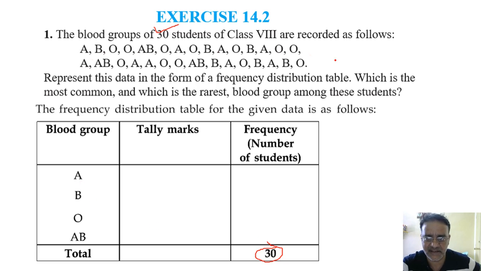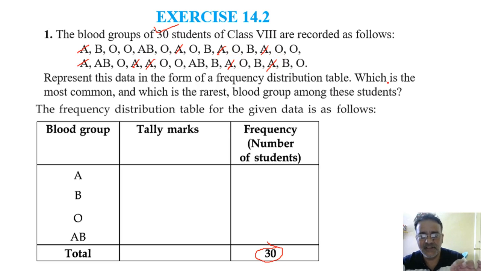How many A's are there? Count. A's means blood group A only. Don't count this A, do not count the A in AB. 9. Let's count from here: 1 2 3 4 5 6 7 8 9.